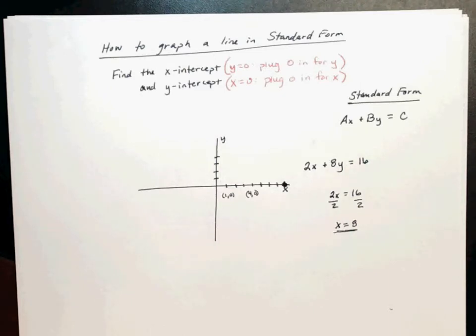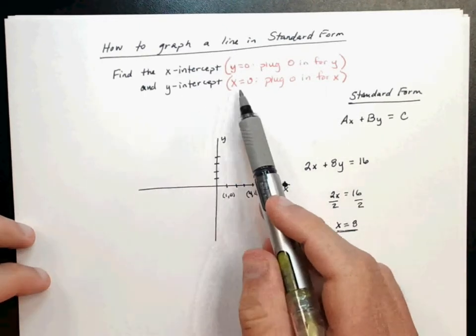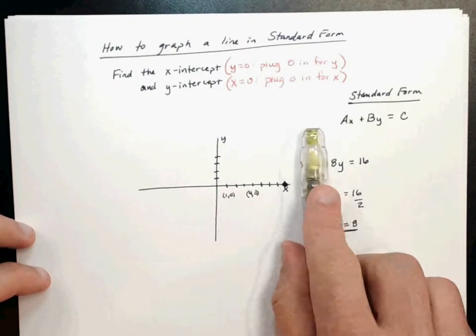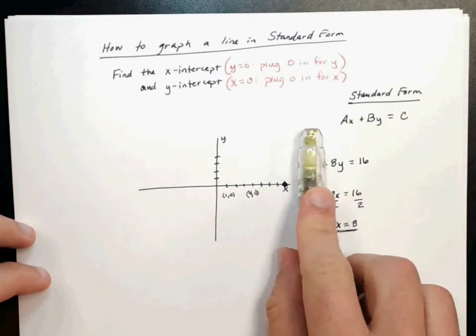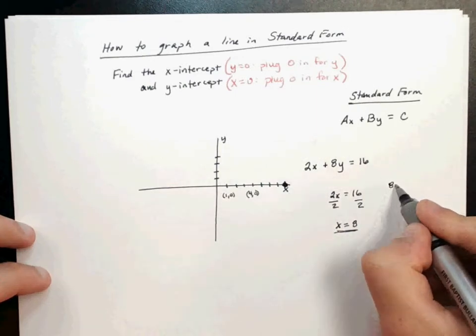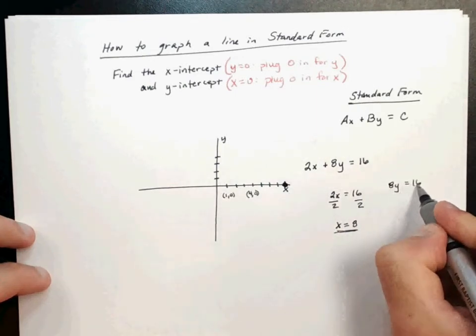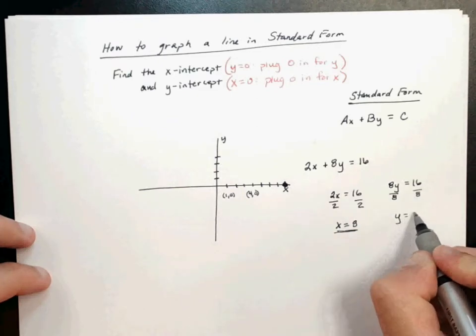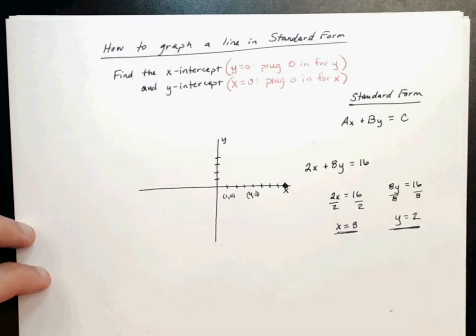Now to find the y-intercept, I'm going to plug in 0 for x. When I plug in 0 for x, 2 times 0 is just 0, so I'm going to cover it up. And then I get 8y equals 16. Divide by 8, and I get y equals 2.